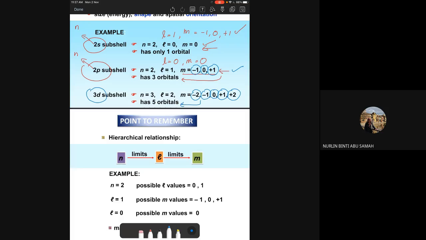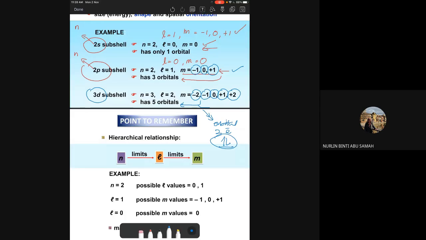Macam saya cakap tadi, for each orbital ataupun energy level, dia mesti ada 2 pasang elektron, where you will fill in the opposite side like this. This is how you fill in the electron in the orbital. Okay, so this is just simply the concept.